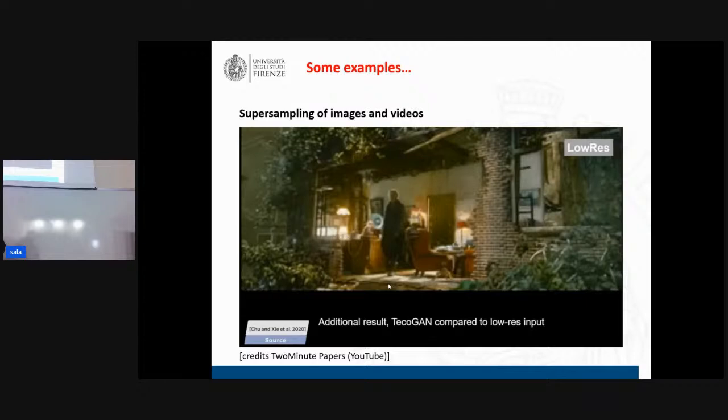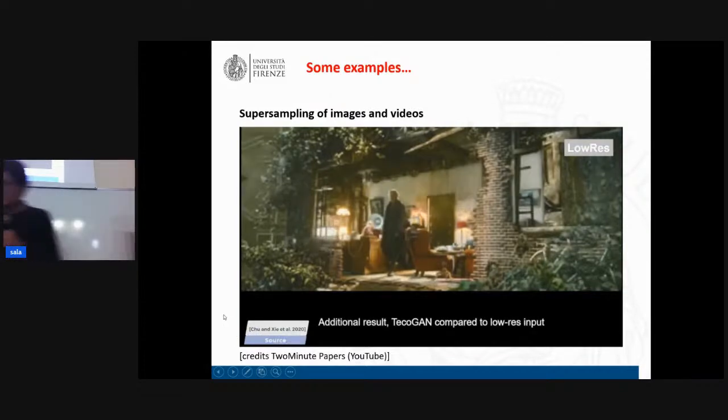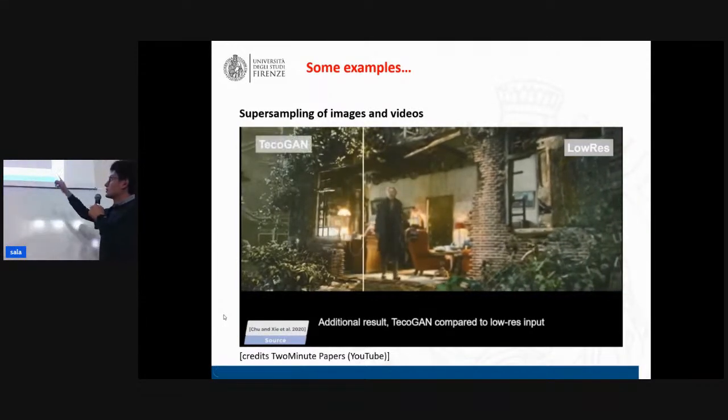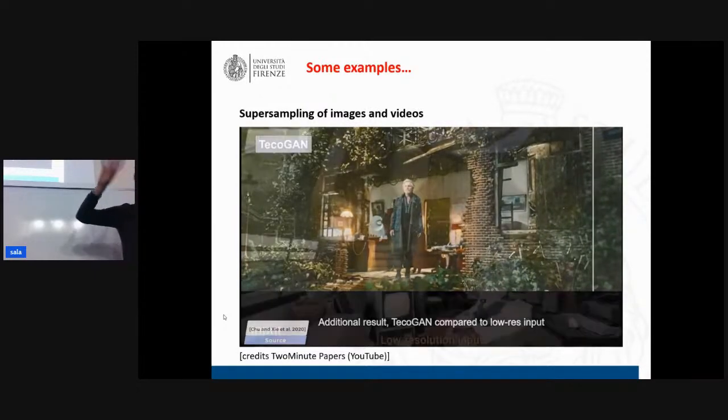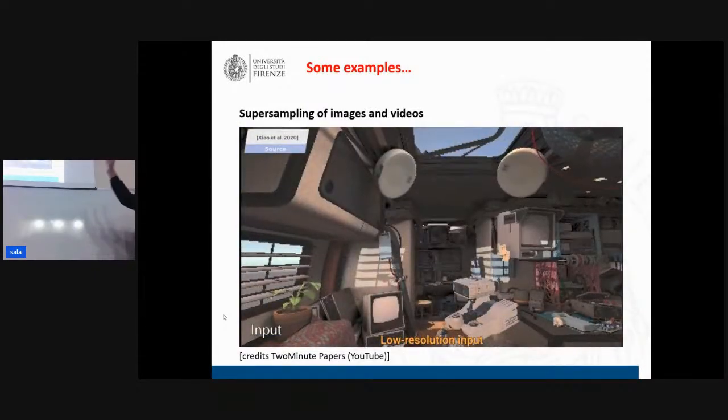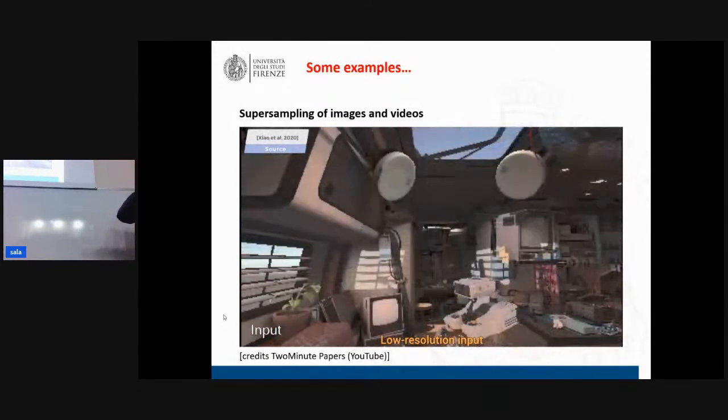Another thing that it can do, still regarding old photos, documents, and stuff like that, but also a technique which is used already in high-end graphics cards for gaming, is super sampling or super resolution, where you take a very grainy image or video and you super resolve it, so you scale up the resolution with a neural network.